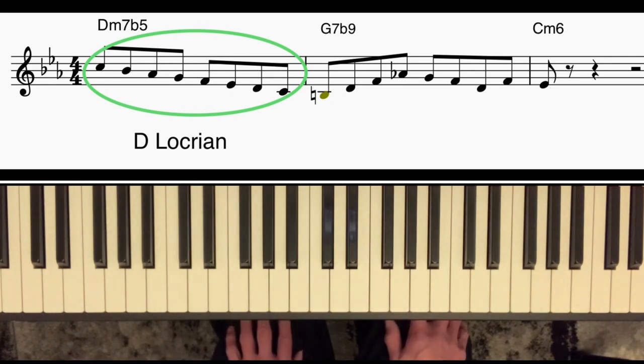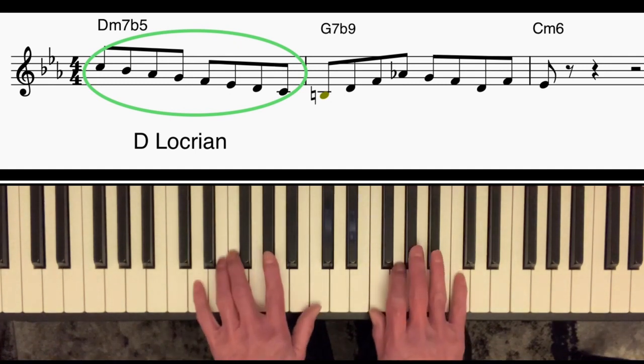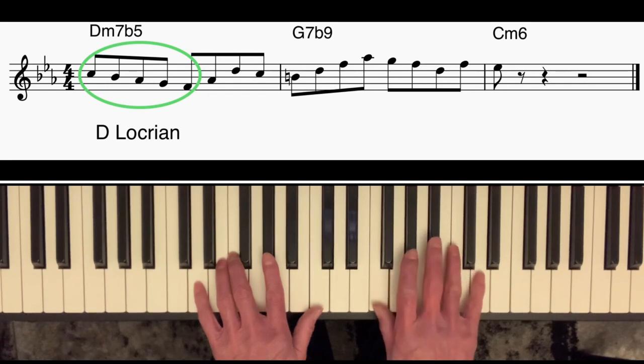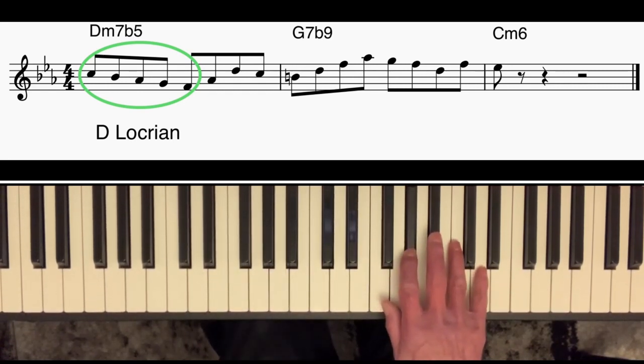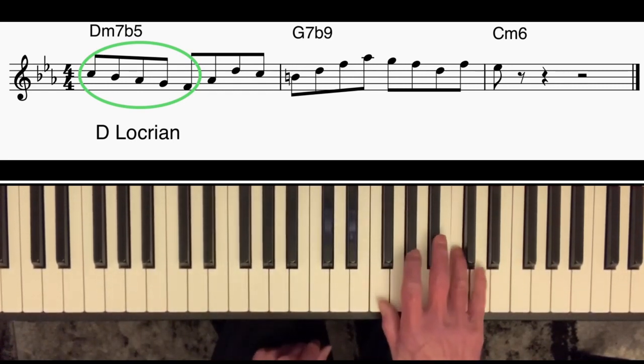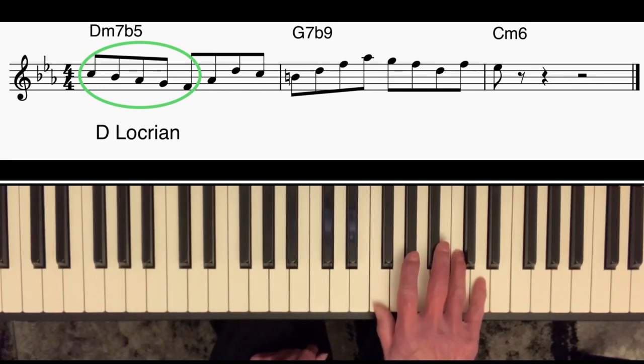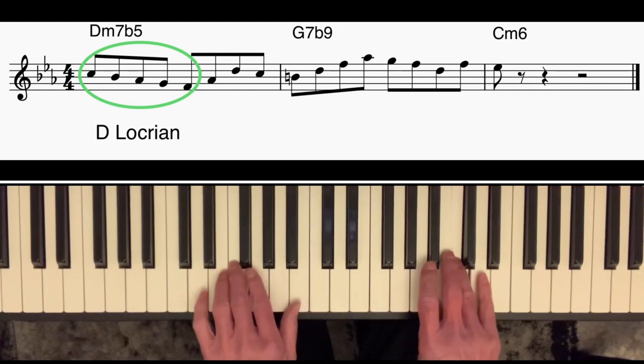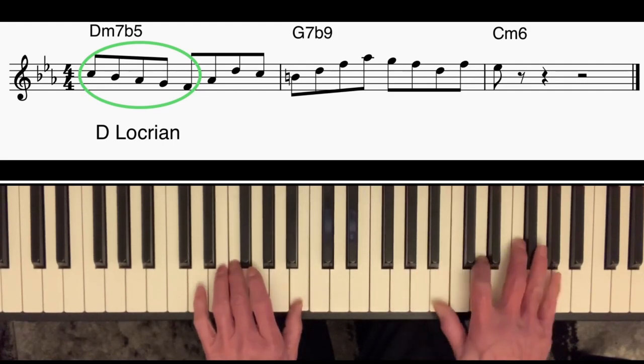On the second example, I started off in the same place, but when I got to the F, I just then played a little arpeggio based on the D minor 7 flat 5 chord, taking me to the third of G7.